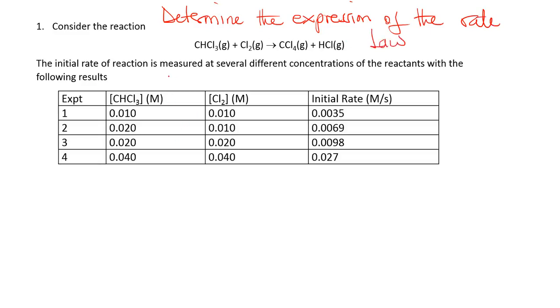So what we are looking for is something like rate is equal to K [CHCl3]^m [Cl2]^n. That's what we want.